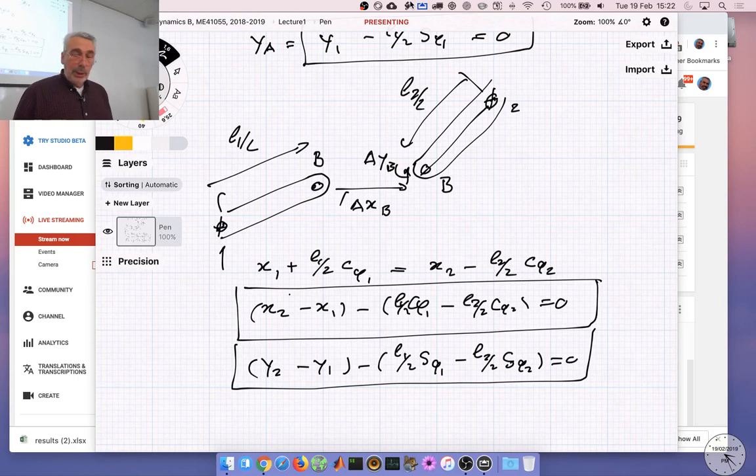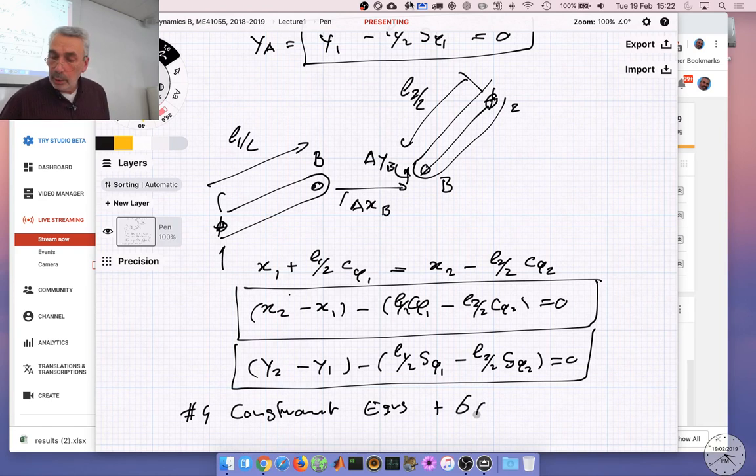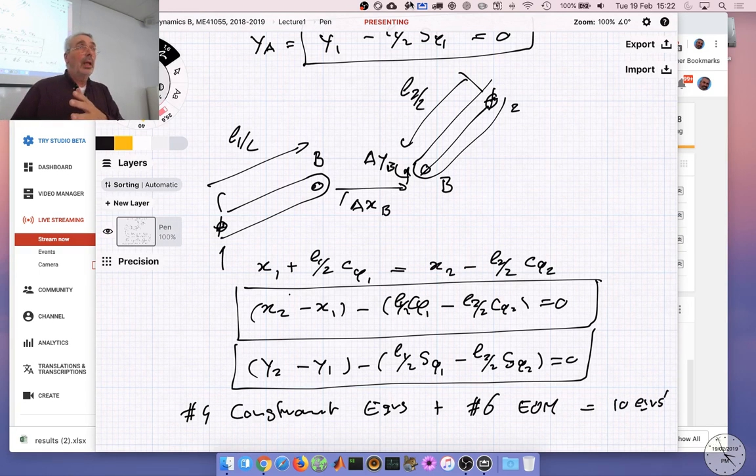So how many equations do we have now in total? 4 constraint equations. The 4 constraint equations together with those 6 equations of motion give 10 equations in total, and we have 10 unknowns. If the equations are linear in our unknowns, so we have to check that.